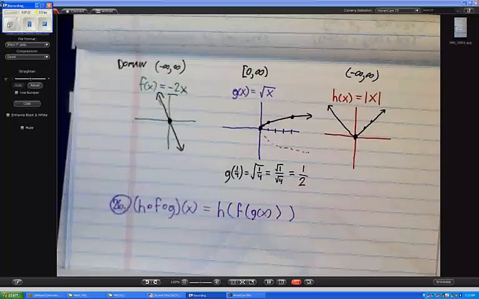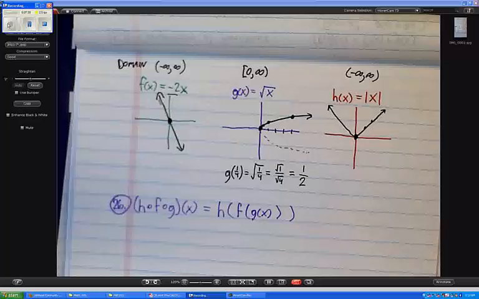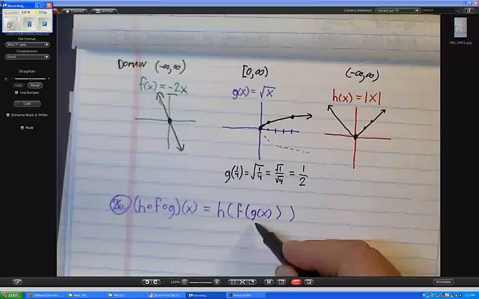And I think, again, the easy way to do these is inside out. You can also go outside in, but I'm going to do inside out for my examples, other than the one I showed you before. All right, so the first thing we need to do is this G of X. What is G of X? Square root of X, yeah.